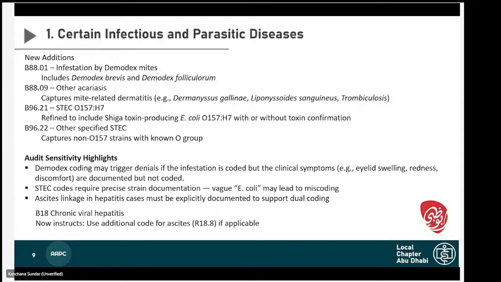So with this, they have created an opportunity for coders to check when there is a chronic viral hepatitis documented. Please go ahead and check for ascites. And if at all you find ascites, you can go and do a dual coding. That is one code for chronic viral hepatitis and another code for ascites. And just to emphasize this point, ascites is a CC condition if you are coding for an MS-DRG, and this will definitely impact our billing in either way.